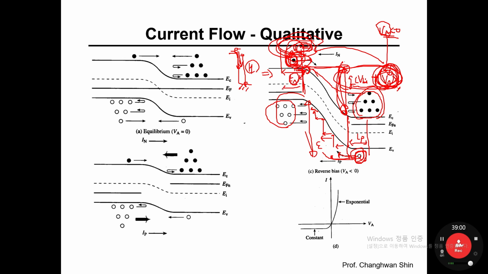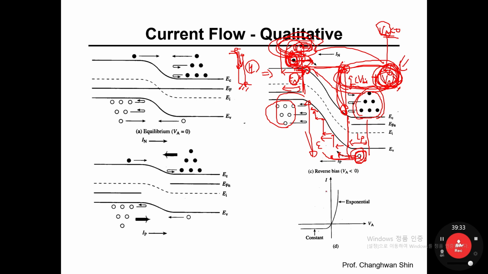The longer the diffusion length is, the more electrons can get into the depletion layer width. The number of electrons that can dive into the depletion layer is independent of the energy barrier height, and this energy barrier height is controlled by the reverse bias voltage.